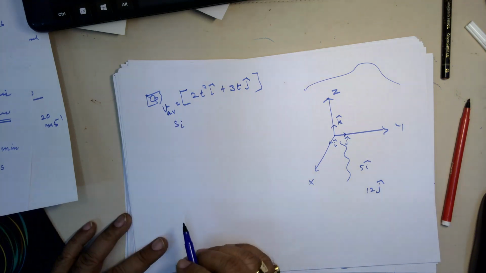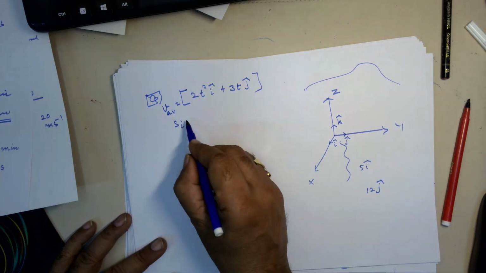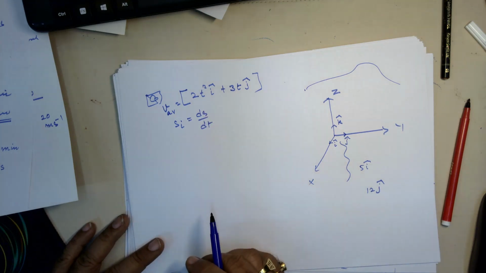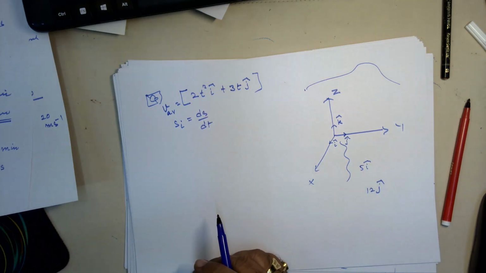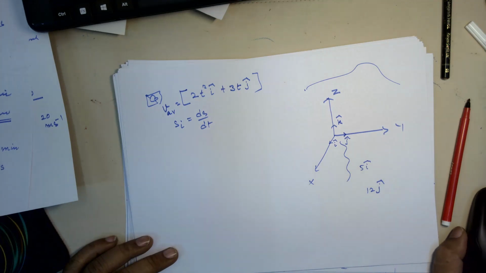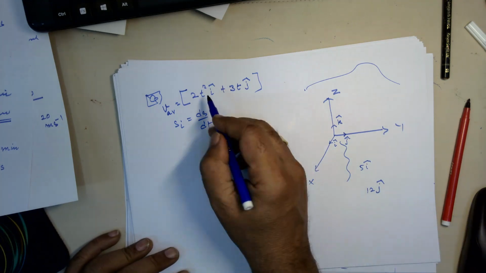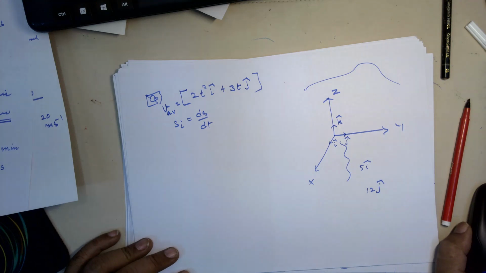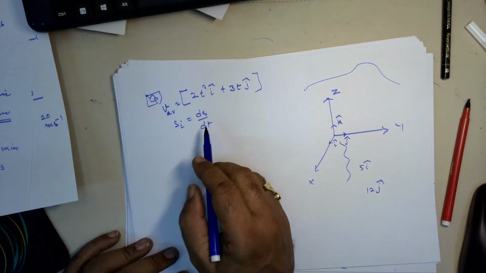Instantaneous speed means ds by dt, right? So in that case, this is 2t squared, this is 3t. Now we have to find out.